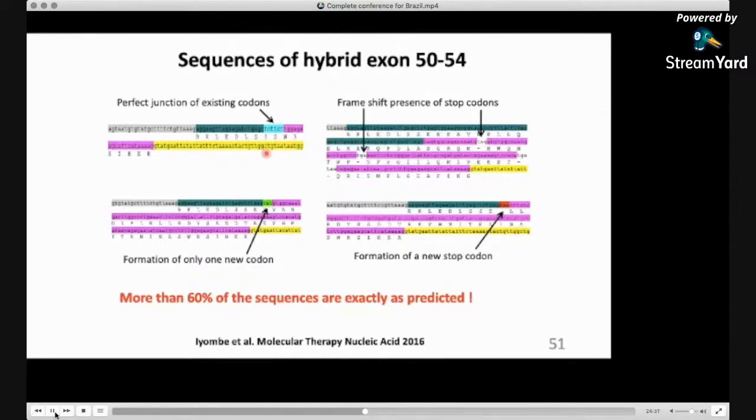We also obtained at the junction site a new codon coding for the predicted amino acid or coding for a stop codon, and sometimes, as predicted by the white square, we had a frame shift, and when there was a frame shift, there were stop codons met in the resulting hybrid exons.